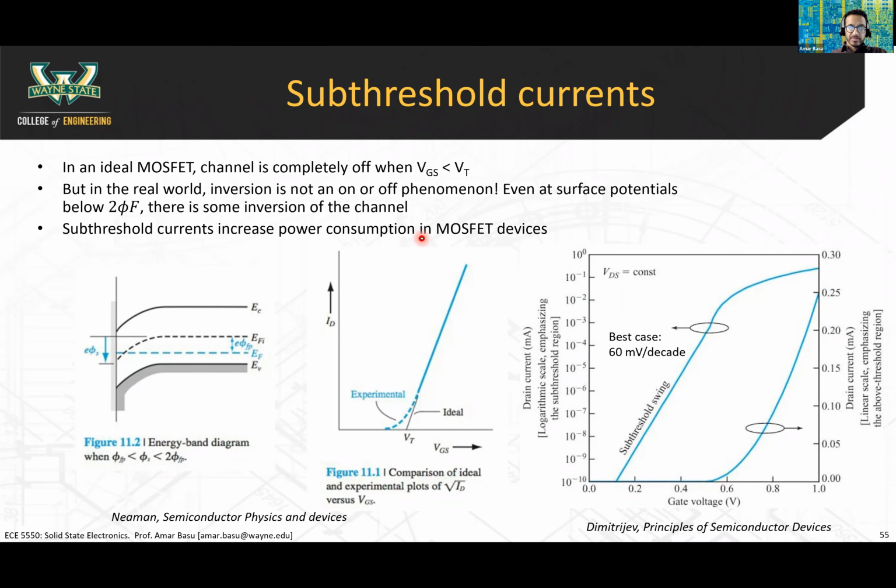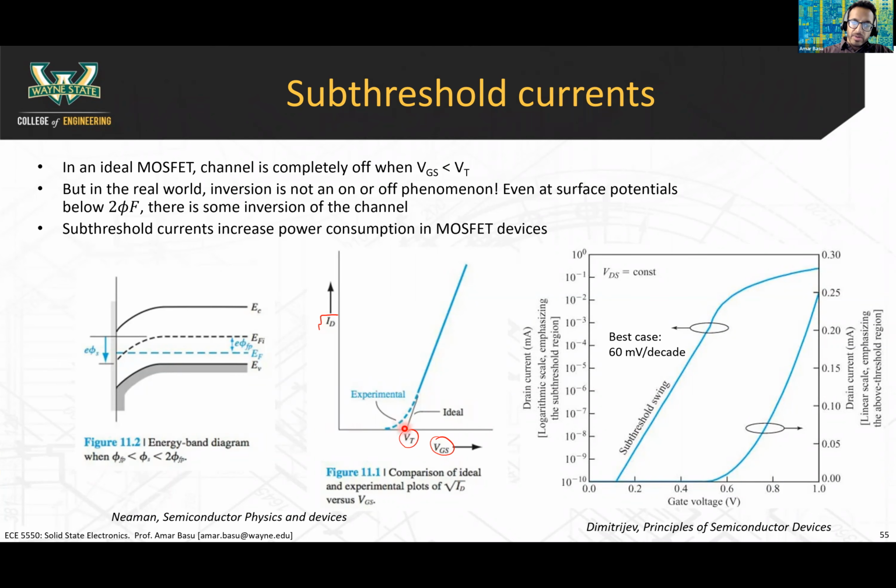That's one thing. Second thing is subthreshold currents. Before, we were drawing curves of the square root of ID. The ideal device turns on when VGS is greater than VT. So your plot of current versus gate voltage would look something like this.